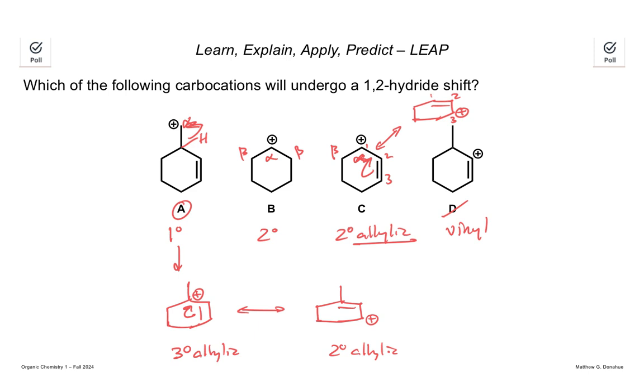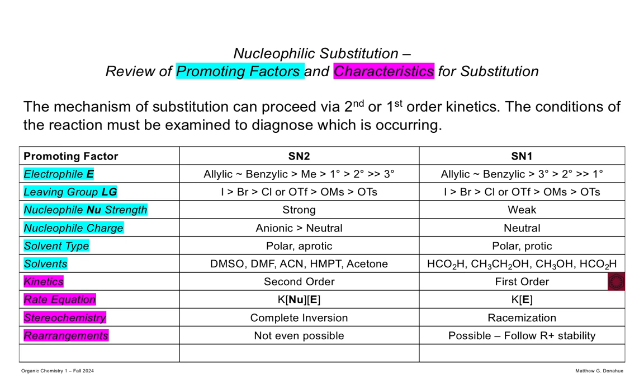Identify nucleophile strength. So our table, as we know it so far, the promoting factors and the characteristics for substitution, SN2 and SN1. For the electrophile, allylic and benzylic are going to be special cases for each, but for SN2 the rate is methyl greater than primary, greater than secondary, and tertiaries do not react.